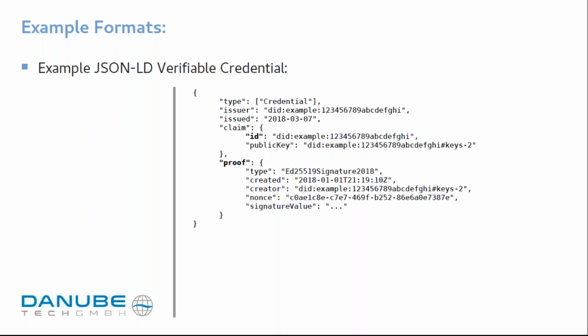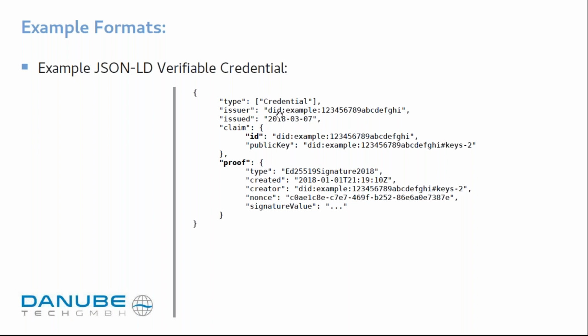Another kind of data format that we're seeing is based on JSON-LD, which is the same format that the W3C Verifiable Credentials working group is using for verifiable credentials, right? So a university issuing a diploma or a government issuing a driver's license, those are verifiable credentials, and you can use the same format and the same signature mechanisms for a DID auth protocol.